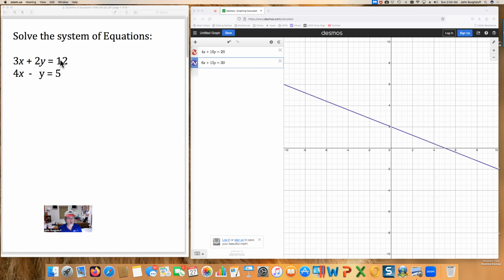Both equations are of the form ax plus by equals c, where the a, b, and c are arbitrarily chosen real numbers. Those are called linear equations. And so this is a system of two linear equations in two variables. And we are being asked to solve it. How do we do that?